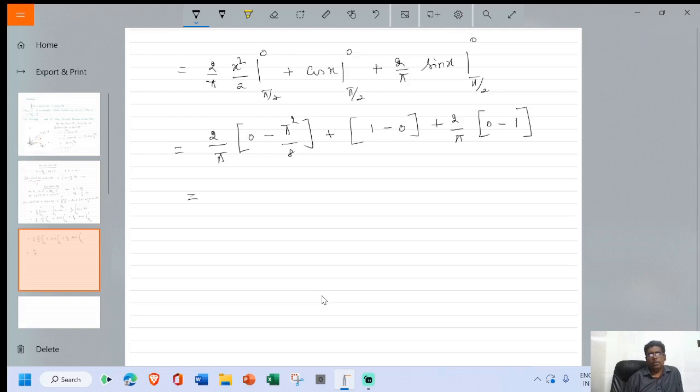This is equal to minus π/4 plus 1 minus 2/π. This is the value of the integral for the line BO.